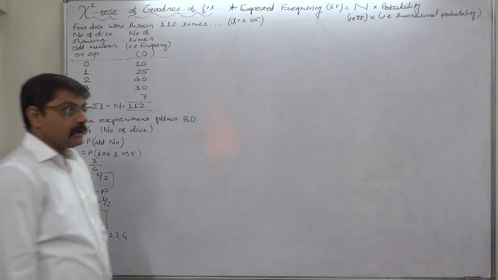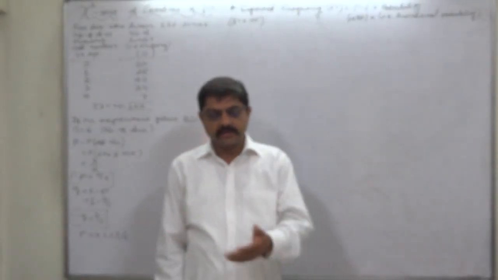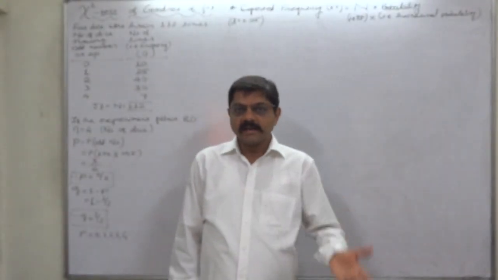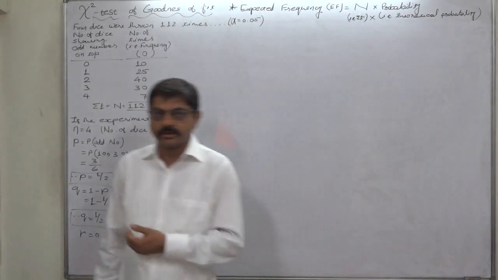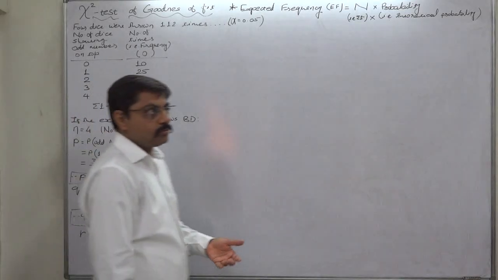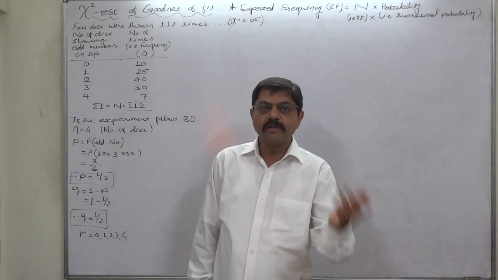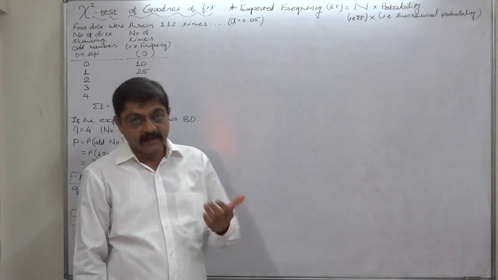That means actually we are now dealing with two types of hypotheses. One is that the four dice are unbiased, and another is that the experiment follows binomial distribution. How to cope up? This is a unique case. Two different kinds of hypotheses are to be tested through a single case.